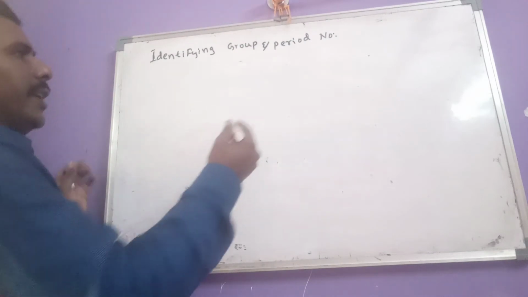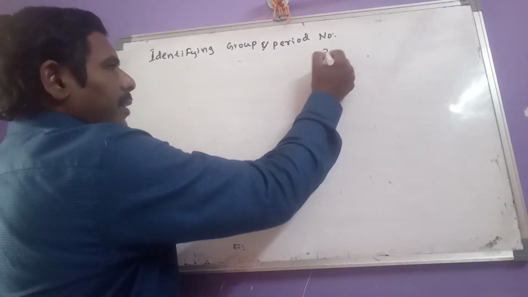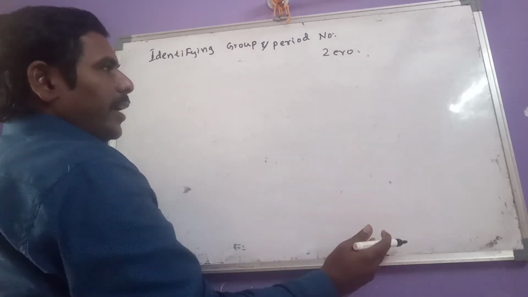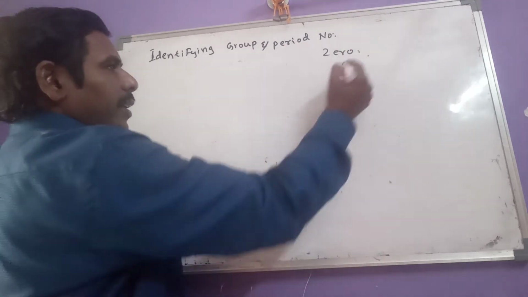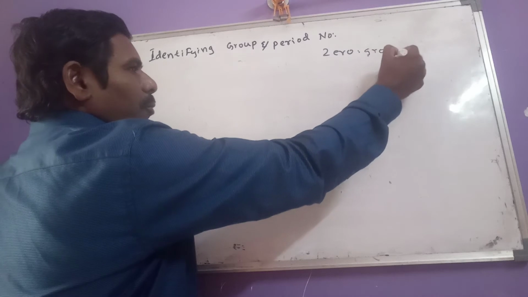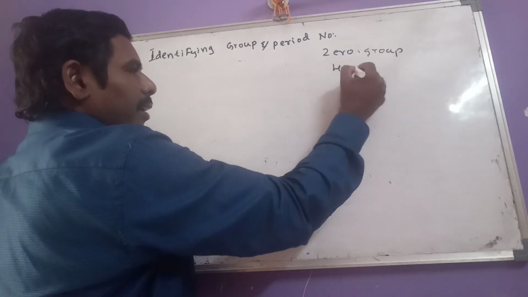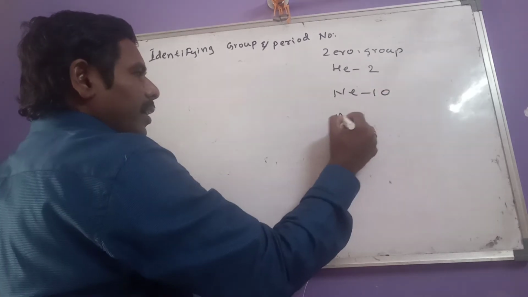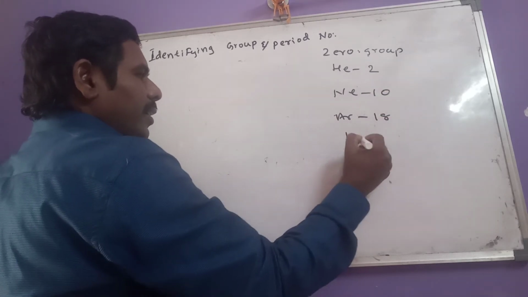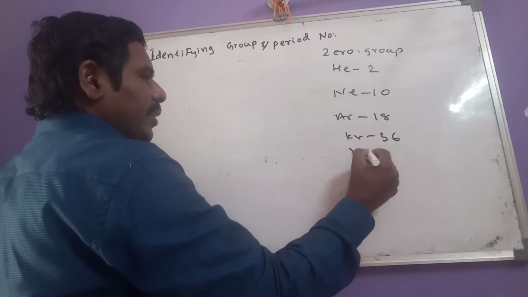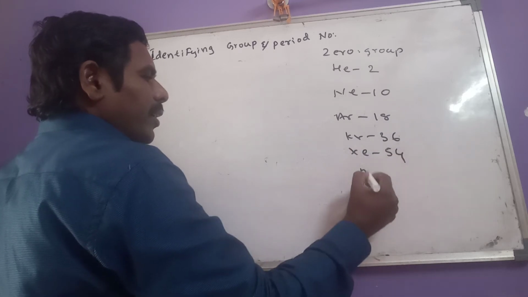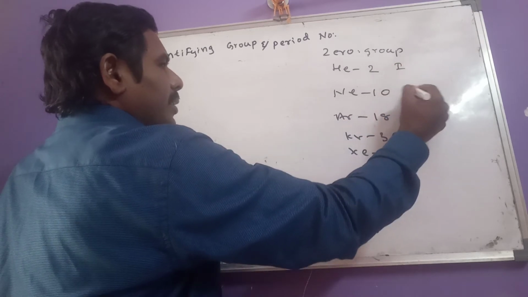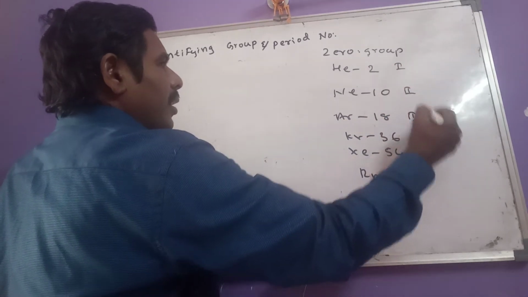Zero group elements are at the extreme right end of the periodic table. In zero group, the elements and atomic numbers are helium 2, neon 10, argon 18, krypton 36, xenon 54, radon 86.